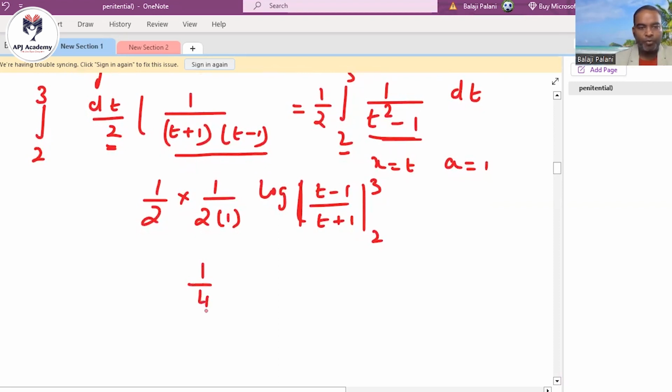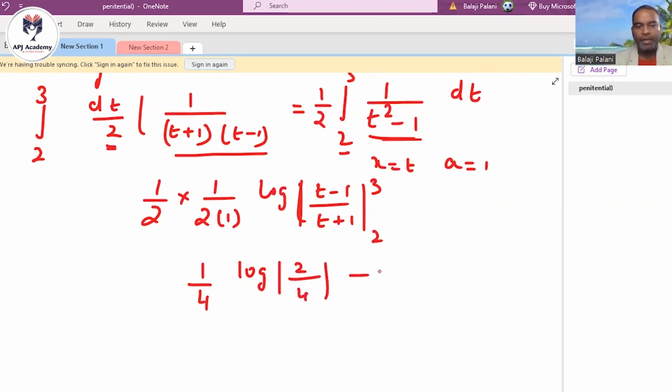So இது என்ன ஆகும்? 1 by 4 log. Now replace the upper values. 3 minus 1 by 3 plus 1 minus the lower interval log 2 minus 1 by 2 plus 1. Okay, hope this is clear for everyone. Now again, let's simplify this.